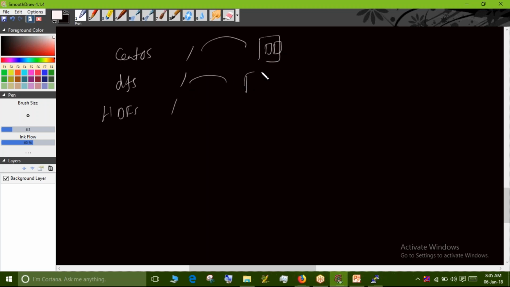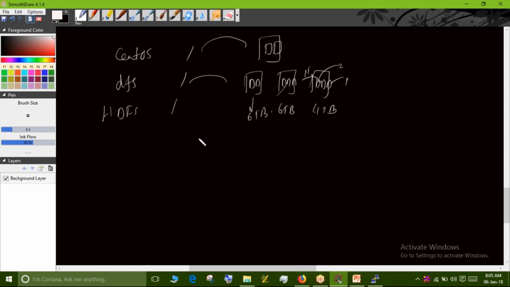But in this case we have multiple machines, each may have multiple hard drives. This is 1 TB, this is 2 TB, and this is 1 TB. So altogether 4 TB of storage here, and here 2 TB, 6 TB of storage we have here.